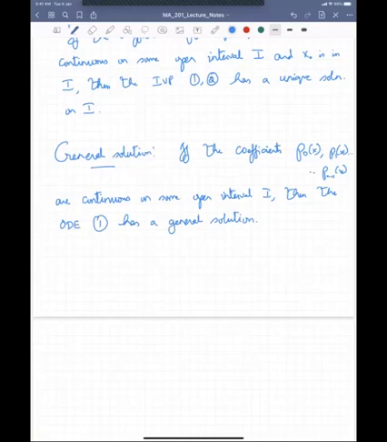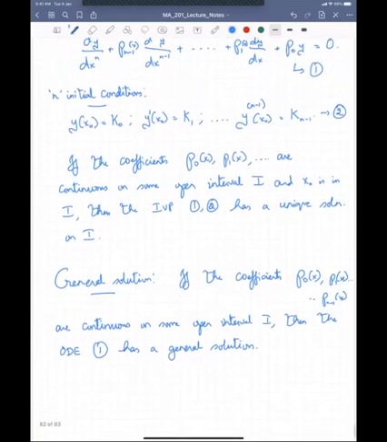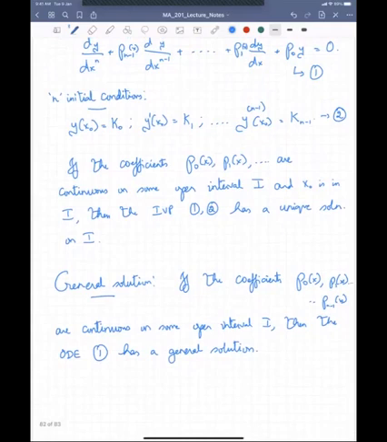Please don't confuse these two statements. The conditions are the same, except that the coefficients being continuous guarantees the existence of a general solution for equation 1. Then if you plug in the initial conditions, this condition also ensures that your IVP has a unique solution. So there are no multiple solutions that give rise to the same initial conditions.